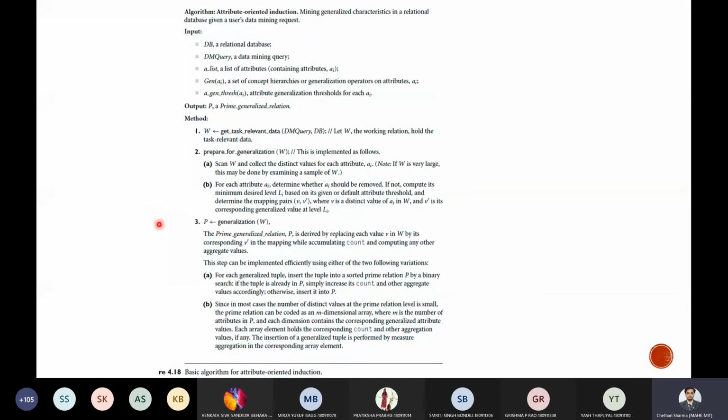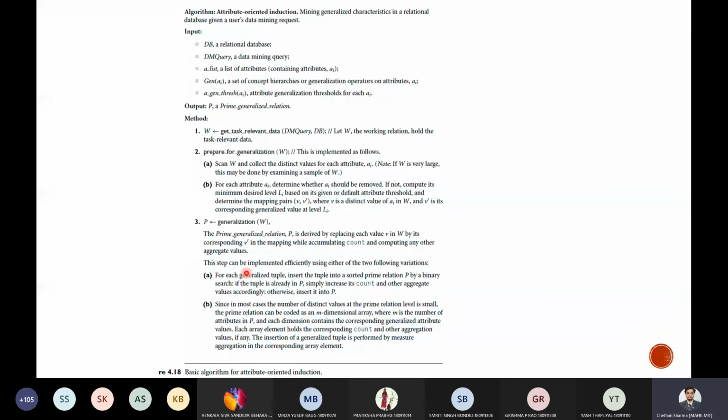Okay. So the third step is getting the prime relation. This is usually performed by scanning each tuple in the working relation and inserting the generalized tuples into P. The overall time complexity is usually O(n) for performing these steps.